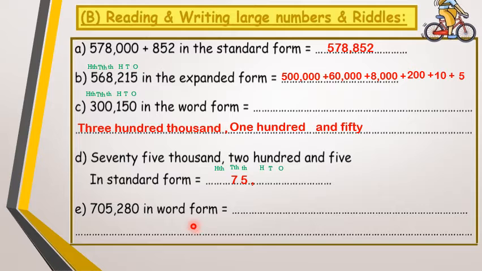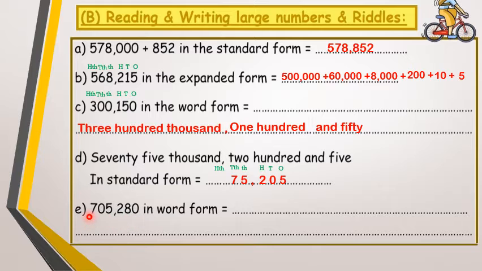This number is in expanded form. I want to write it in word form. So I put every digit in its place value first to read the number: ones, tens, hundreds, thousands, 10,000s, and 100,000s. Okay, now I read the thousands together, then read the hundreds, tens, and ones.